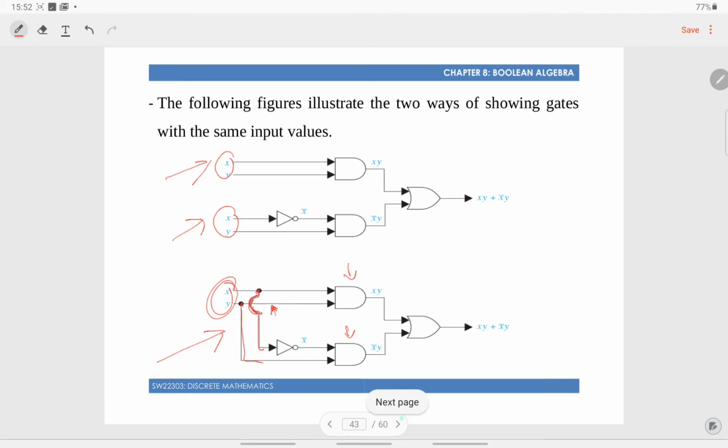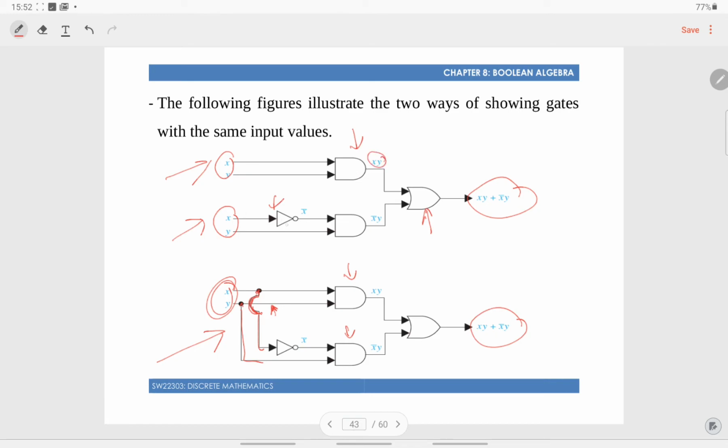Alright, so in these two figures, as you can see, we combine all the gates together. We have an inverter here, an AND gate here, an OR gate here. We have multiple inputs, multiple gates, but produce a single output. For example, here we have x and y going to the AND gate, so it becomes x times y.